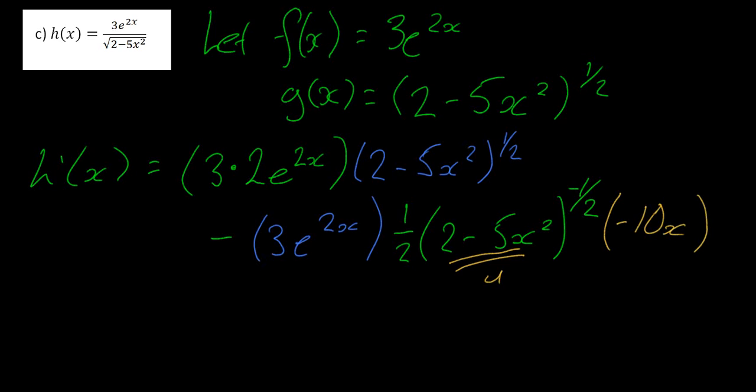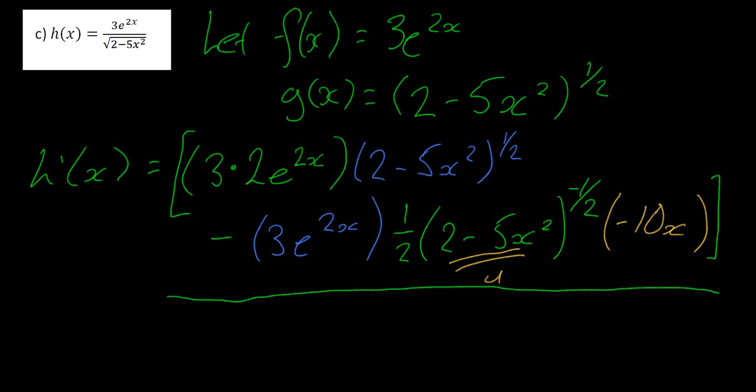Before we put this all together, just remember that we're not done here. All of this is the difference of the two products, all divided by g of x squared. So g of x is this.